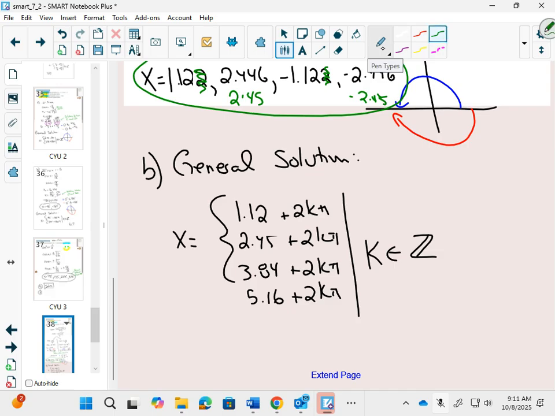If you're on your provincial exam, and you had a question that was general solution, but for whatever reason you forgot how to solve it completely, you could leave your whole question blank and get 0. That is an option. But if you remember that the general solution is whatever answers you get, you have to add 2k pi where k is an integer, you could make up math and get some answers that are completely wrong.